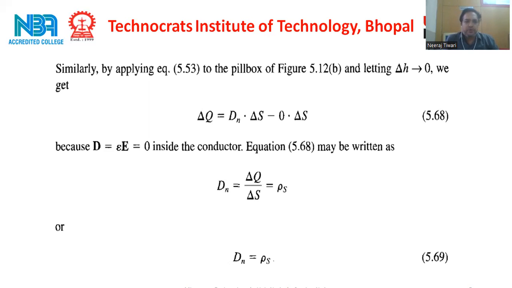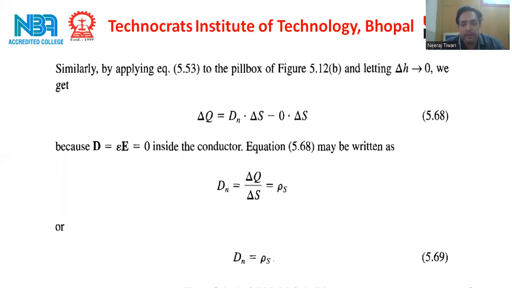In the same way, we know the relationship between D and E: D is equal to epsilon E, which is equal to 0 inside the conductor. So inside the conductor, you can write D is equal to epsilon 0 times E, which is equal to 0.